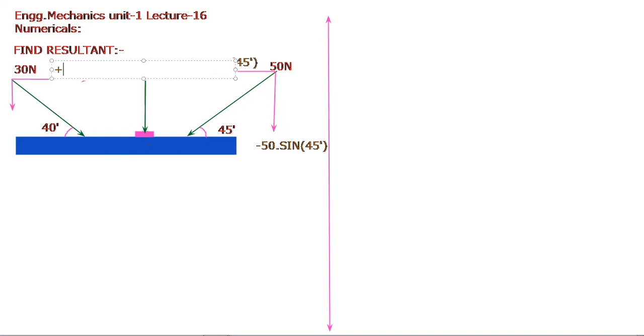So positive 30 cos of 40 degree and next one is minus 30 sine of 45 degree.